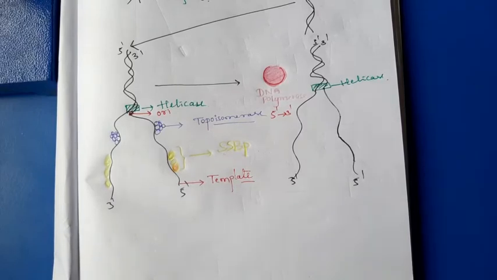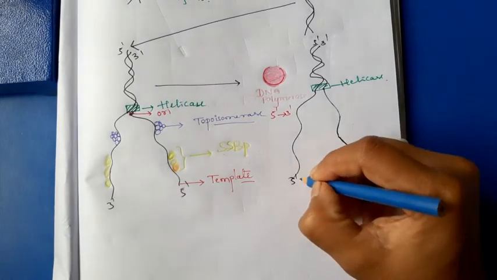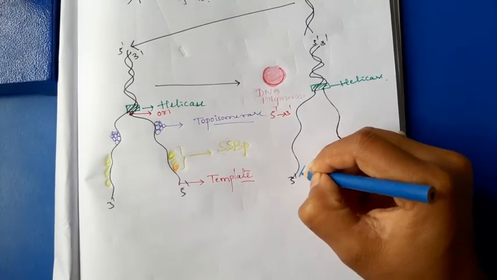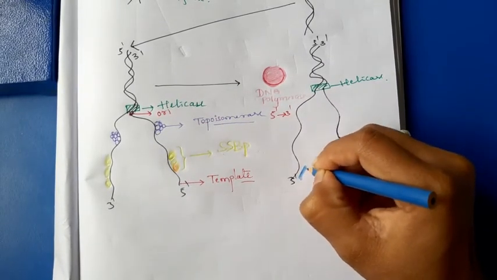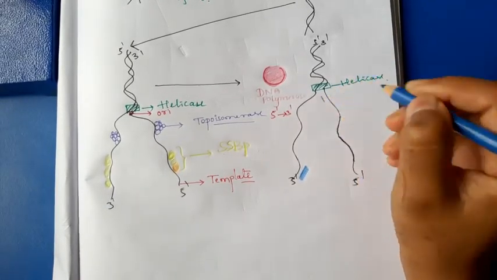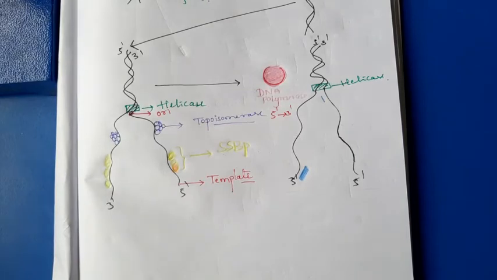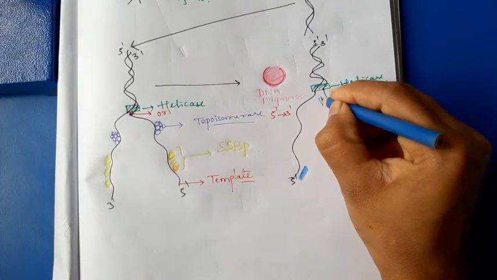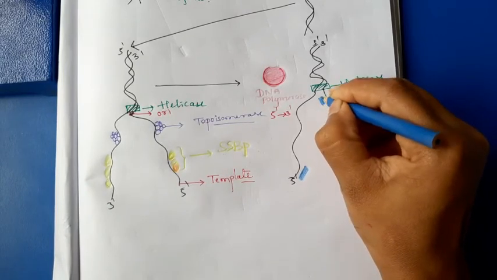So initially a small fragment of RNA is added by a specialized enzyme known as primase.